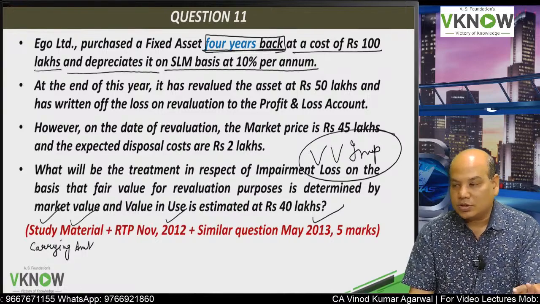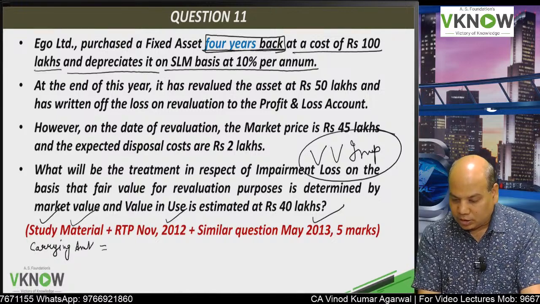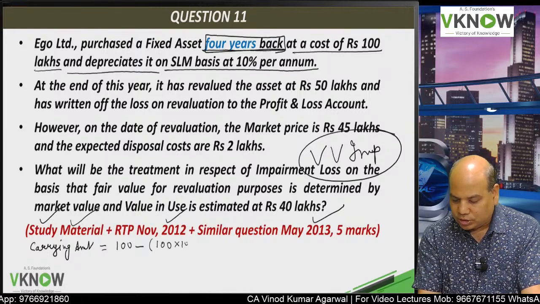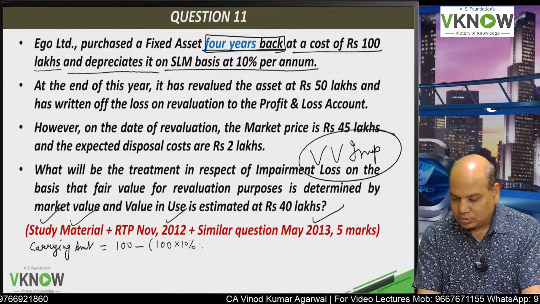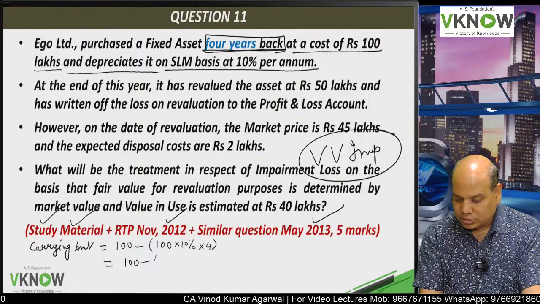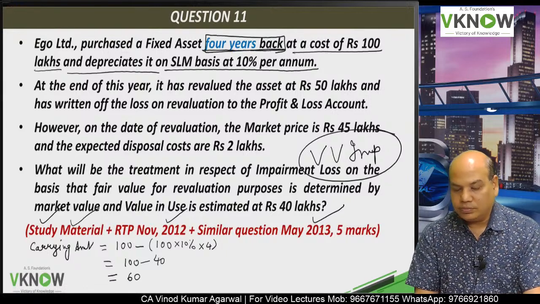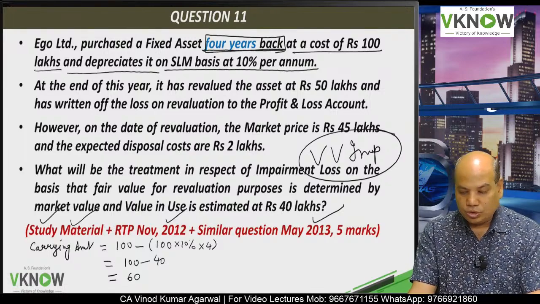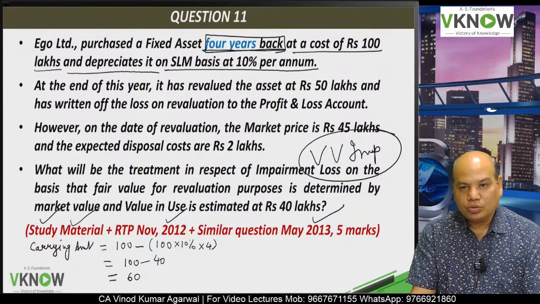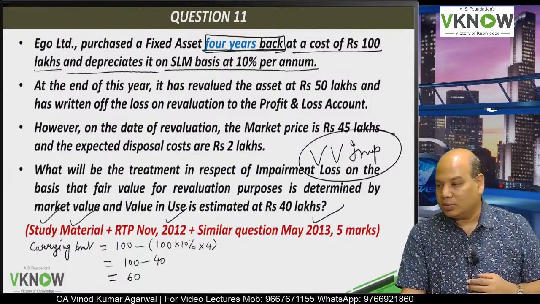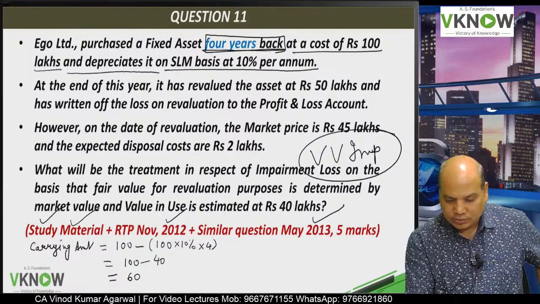So trust me, this is important. Carrying amount will be cost 100 minus depreciation, 100 into 10% per year into 4 years. So depreciation already provided is 40. Now the carrying amount today is 60. Do you agree? Carrying amount is 60.